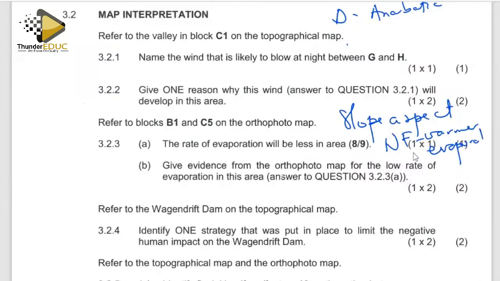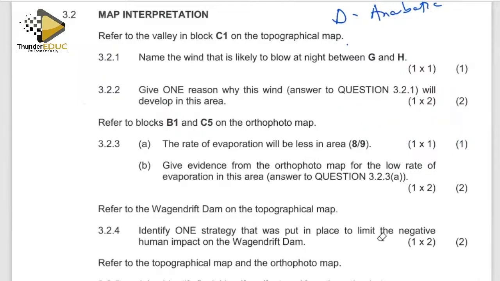If it's a south-facing slope, it means they are cooler, and then there will be less evaporation. That is the justification to that question. Give evidence from the orthophoto map for the low rate of evaporation in this area. The justification there you find in the map information provided, and you relate it to slope aspect.